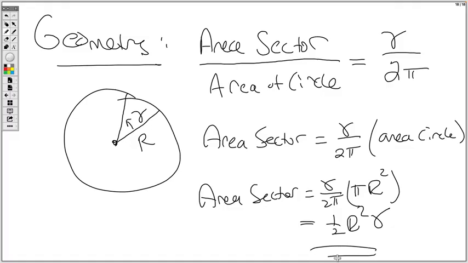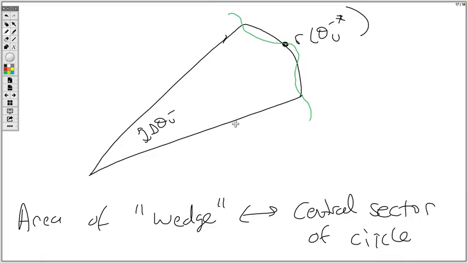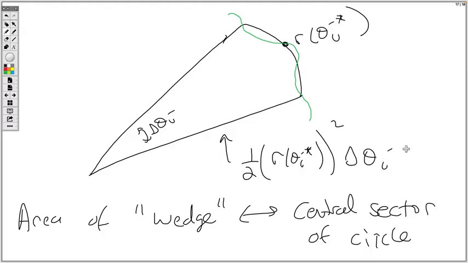You may know this from geometry, I don't know. 1/2 r squared gamma. So that means that my area here is 1/2 r of theta sub i star squared times delta theta sub i. Make sense or not, folks?